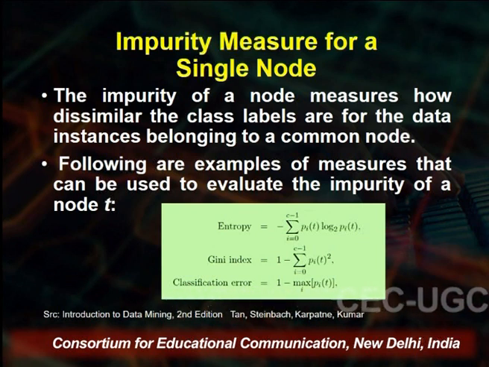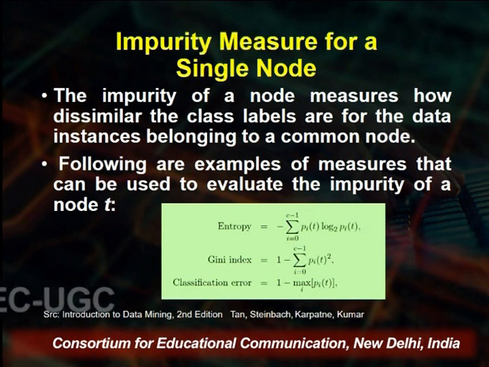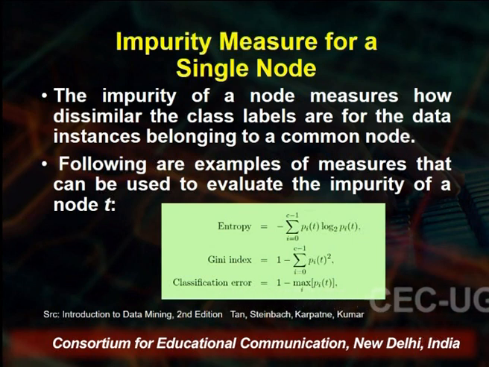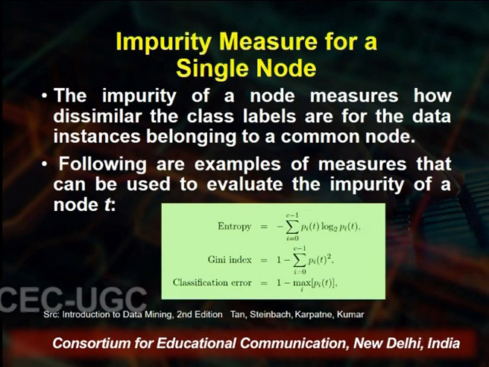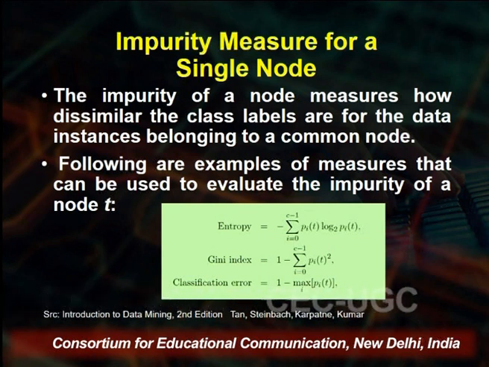There are three measures which will be used to evaluate the impurity of the node. If we have a node T and we need to see how different the class labels are for the data instances in that node, we can check the entropy, the GINI index, and the classification error.